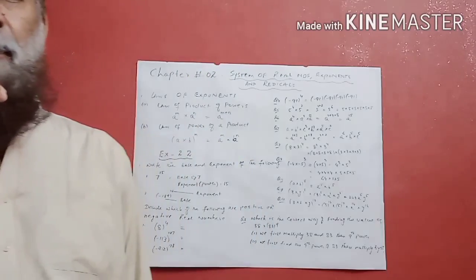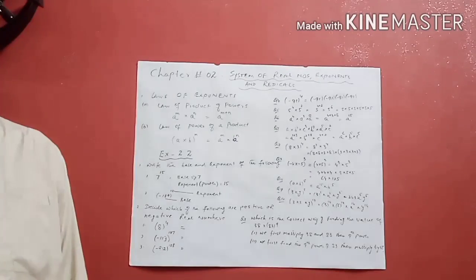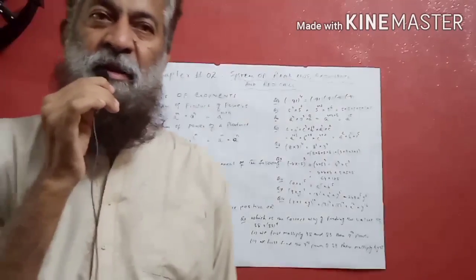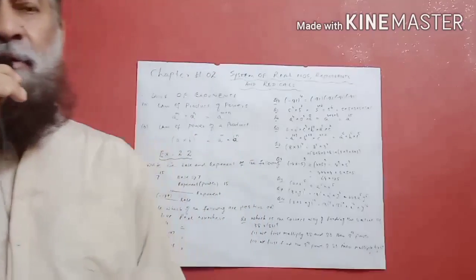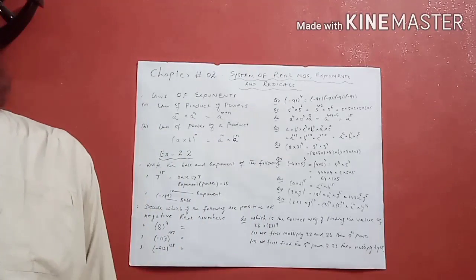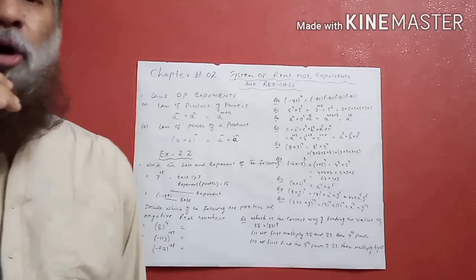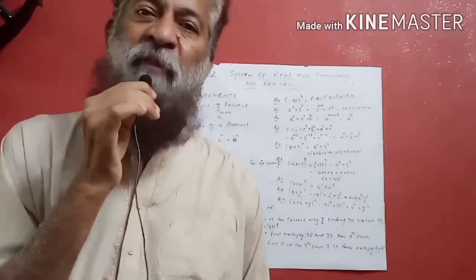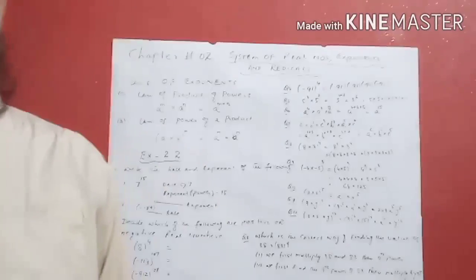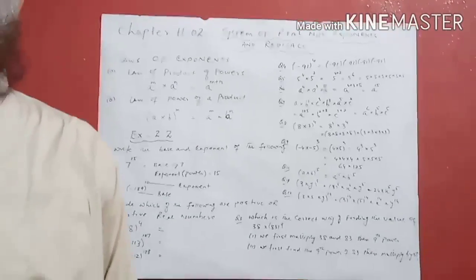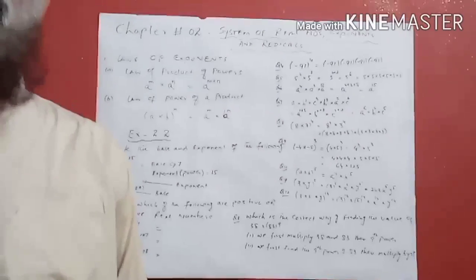But if we divide 2 by 3, the answer comes as 0.33333 and so on. That means an infinite decimal fraction. The numbers which consist of an infinite decimal fraction are known as irrational numbers.